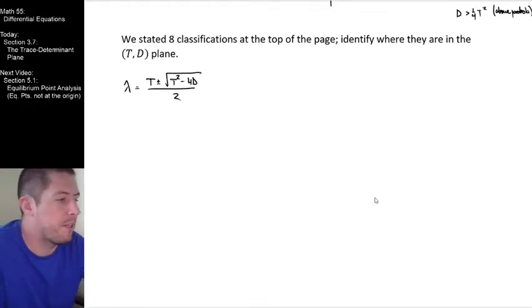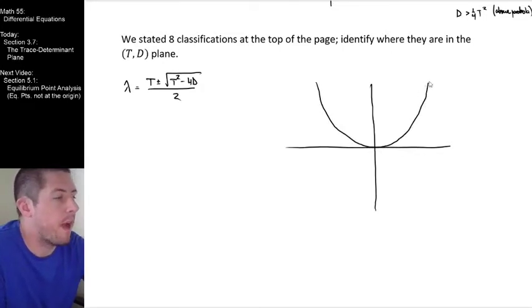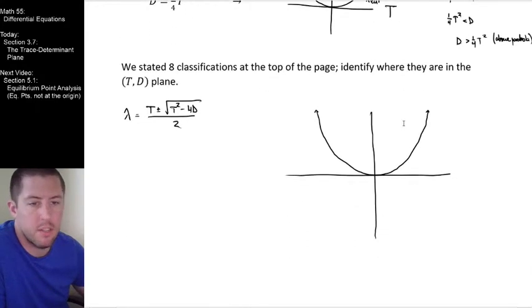What I'm going to do is make myself a nice big trace determinant plane out here. And what I would like to do is place all 8 of these classifications on their appropriate location in the trace determinant plane.